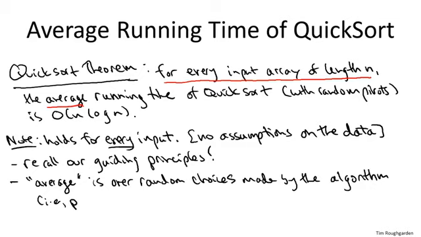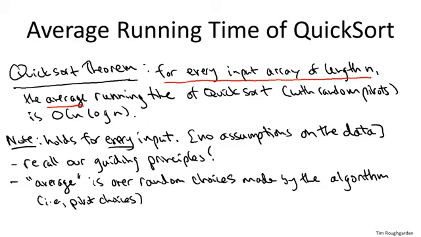Remember, randomized algorithms have the interesting property that even if you run them on the same input over and over again, you're going to get different executions. So the running time of a randomized algorithm can vary as you run it on the same input over and over again. The quizzes have taught us that the running time of quicksort on a given input fluctuates anywhere between the best case of n log n to the worst case of n squared.